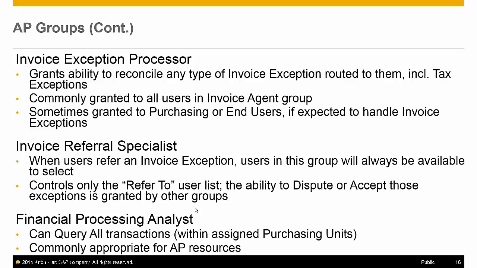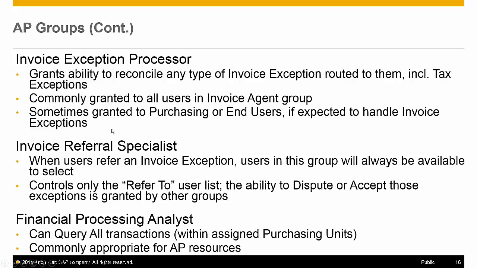That way, when an invoice routes to them, they have access to all the various functions, such as accepting the invoice, rejecting the invoice, editing the invoice, and so forth. So usually those two groups go hand in hand. Sometimes the invoice exception processor group is also granted to people who are in the purchasing groups as well, if they're responsible to handle invoice exceptions.